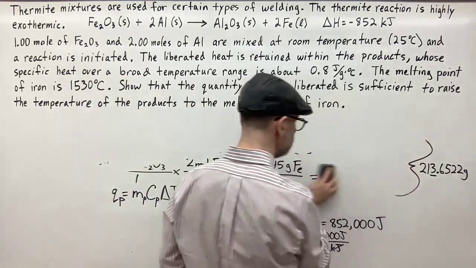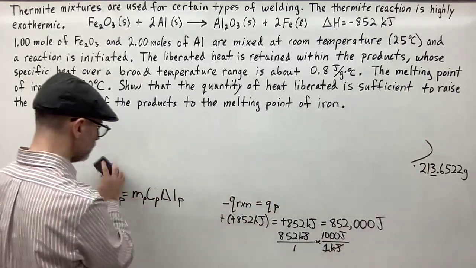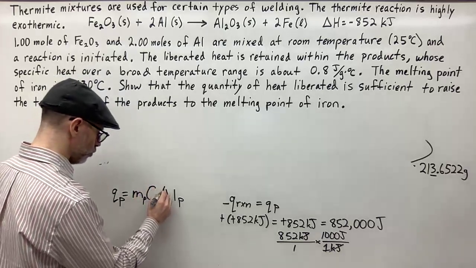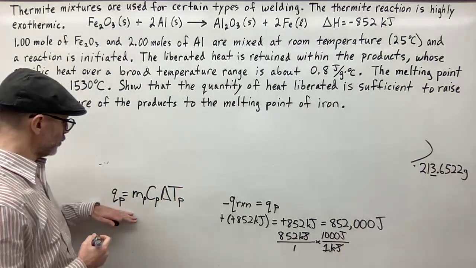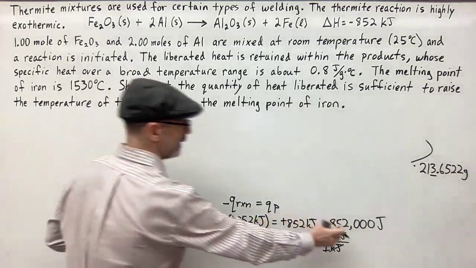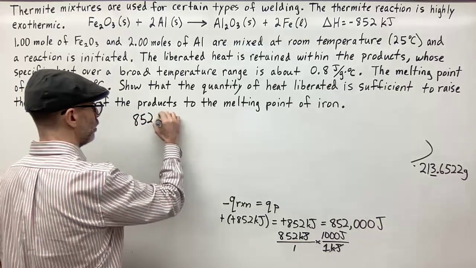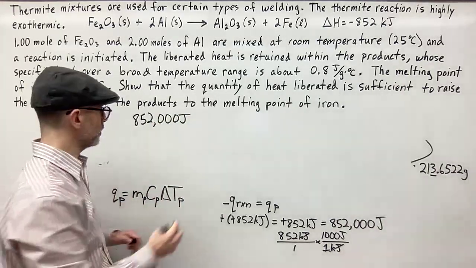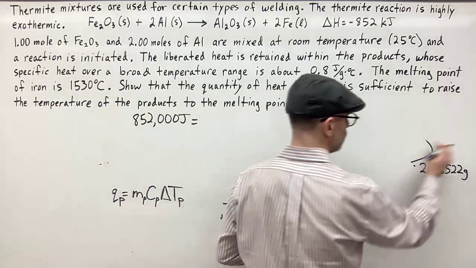Okay, so now that we got all of this out of the way, let me erase this to give room. I don't want to erase that, that's my mass. So what's Q absorbed by the products? We're going to write 852,000 joules of energy absorbed by the products. That's going to be equal to the mass. This is our total mass of the products.